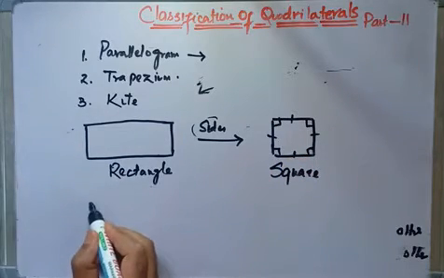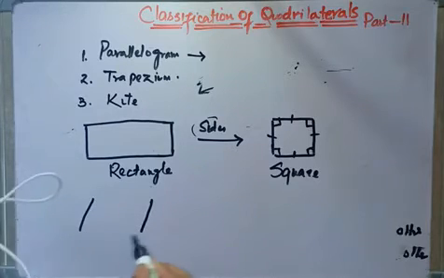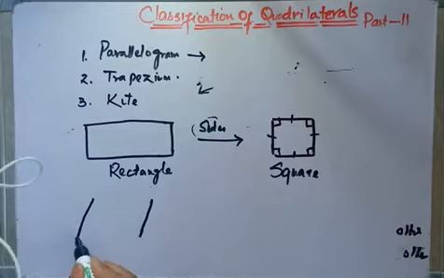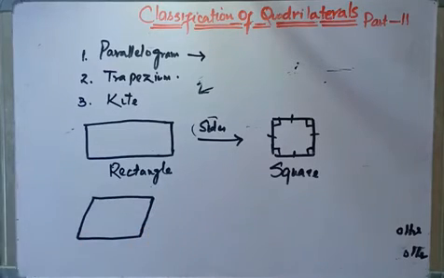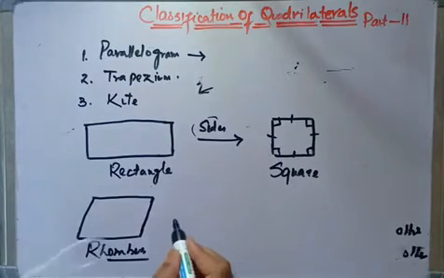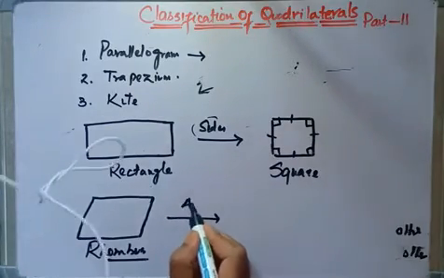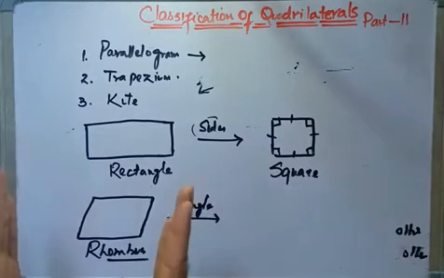Let me take this other type of quadrilateral or parallelogram that we discussed a little earlier. This is the quadrilateral called a rhombus. The properties of the rhombus were already discussed a minute earlier, right? Let me try to modify this rhombus with respect to its angles, only angles, not sides.